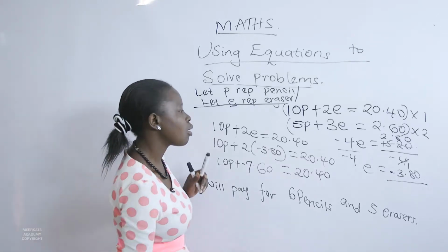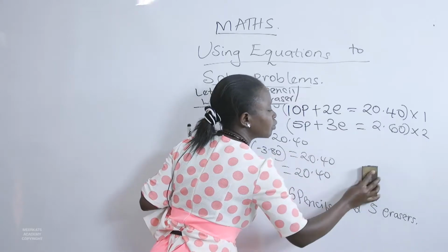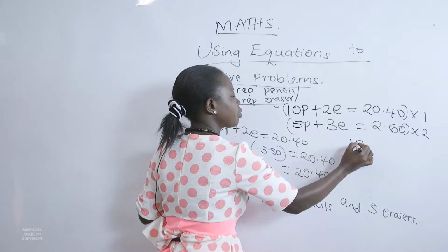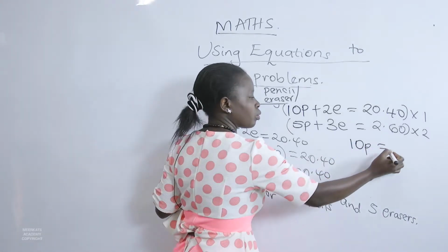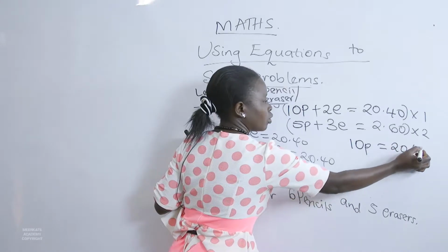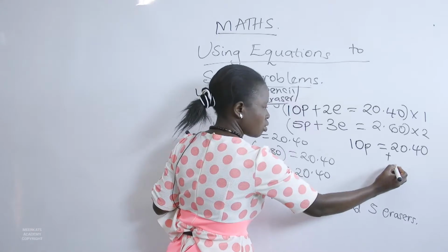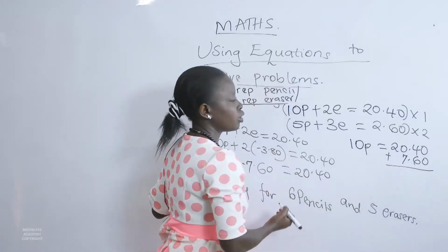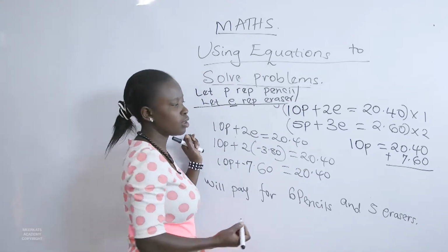So that means we will have 10p is equal to 20.40 plus 7.60.